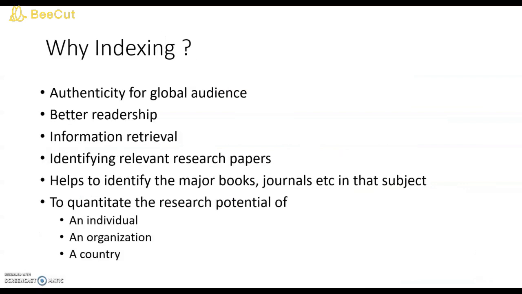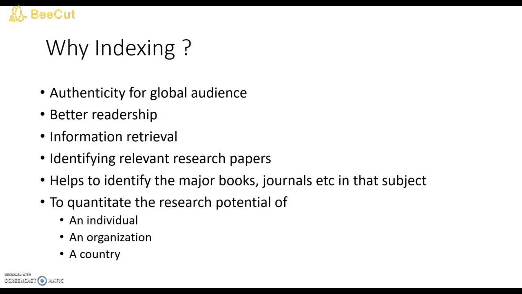Now why do we actually do this indexing? The main idea is to make the information authentic for the global audience. It gives better readership and information retrieval is also possible. Not only this, it helps in the identification of relevant research papers.